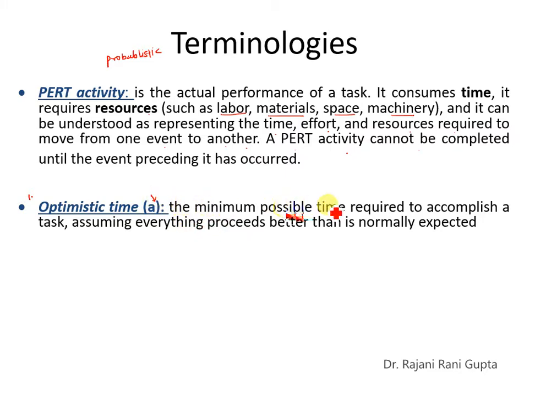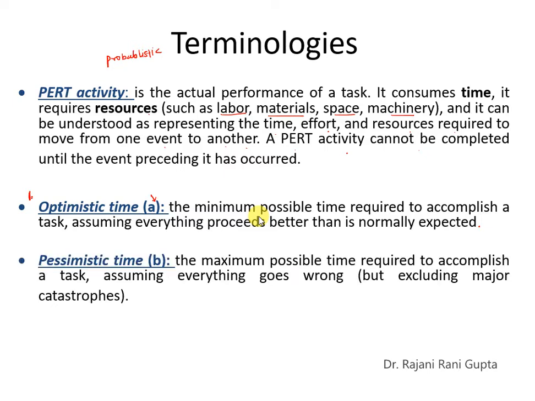The minimum possible time required to accomplish a task, assuming that everything proceeds better than normally expected. It's like a person who is very optimistic and assumes that everything will go very smoothly, and even if there are a few things that cannot be better, the best will happen. So that's one of the times that will be given in a PERT activity.